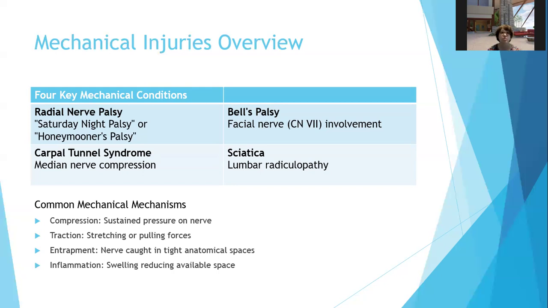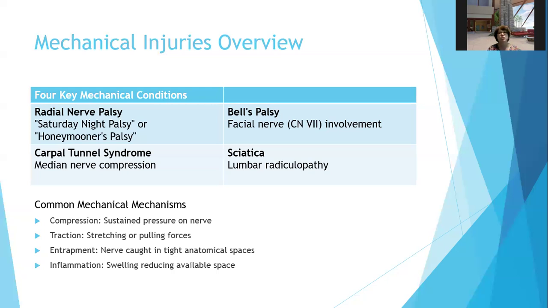So compression is sustained pressure on the nerve. So carpal tunnel syndrome and radial nerve palsy involve compression. Traction, radial nerve palsy can have a little bit of a traction component to it, as can sciatica. Entrapment, nerve caught in a tight anatomical space. So that sciatica can be that from degenerative disc disease.